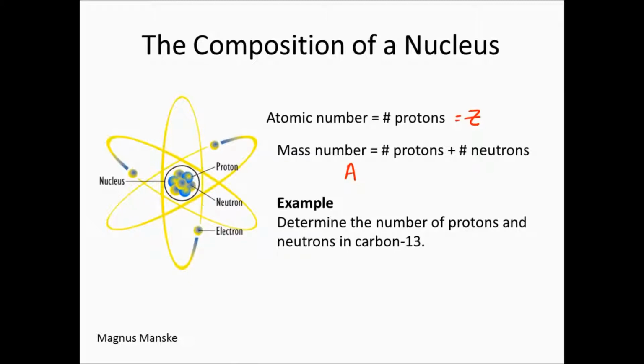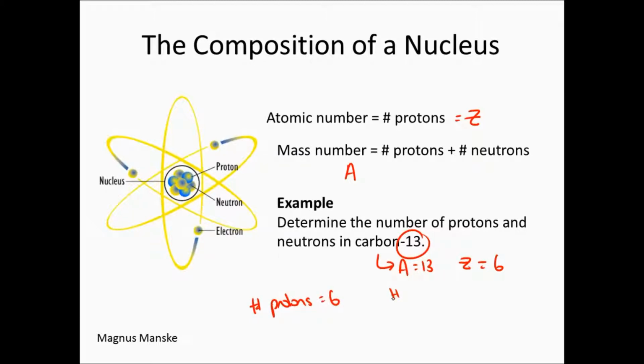So, to take an example, carbon-13 here has a mass number of 13, so the 13 here is the mass number, and because it's carbon, if you look at the periodic table, which lists elements in order of atomic number, the atomic number here is 6. Therefore, the number of protons is equal to 6.